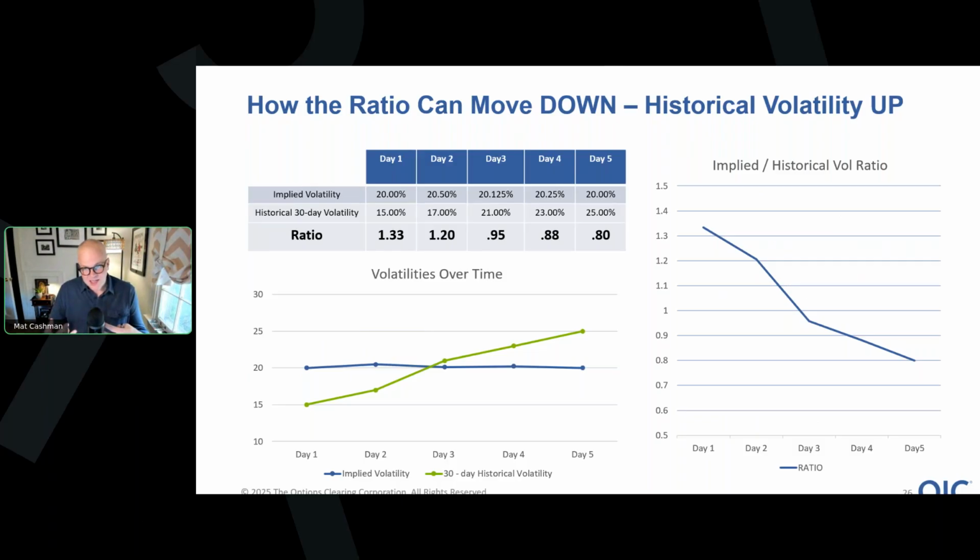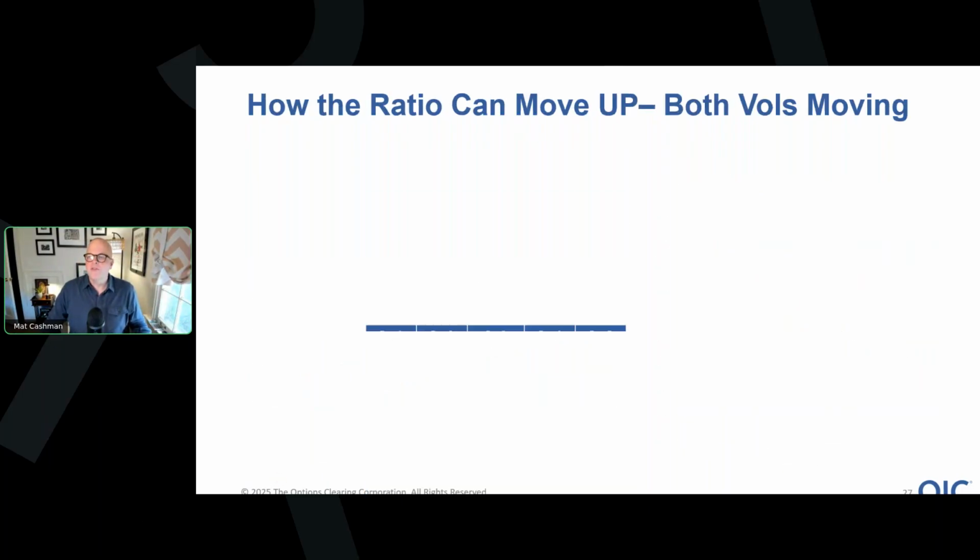I think what this does is it gives you a way to dig into why things are moving, where the movement is coming from, and is it coming from the historical vol that's already happened, or is it coming from the measure of implied vol, which is a forecast of what is going to happen? It's a way to center the actual movement into either what is being talked about in the future or what has happened in the past. And that, I think, is the exceptionally useful part of this.